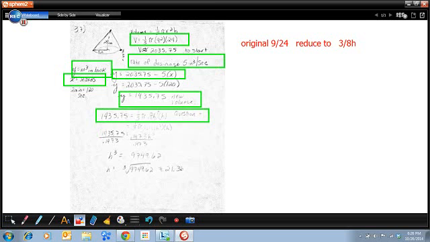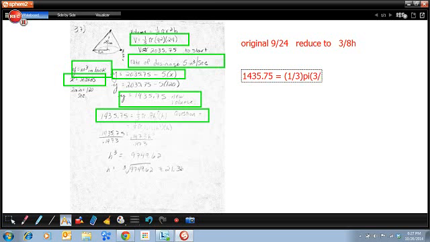Okay, and you can't see it very well, and I'm kind of in a hurry here, so I'm just going to read it off to you. Well, maybe I can type it up really quick on this side over here. What this says is 1,435.75 cubic inches is equal to, so my original formula was 1/3 times pi times the radius squared, but that's where I'm going to use this 3/8 of the height.